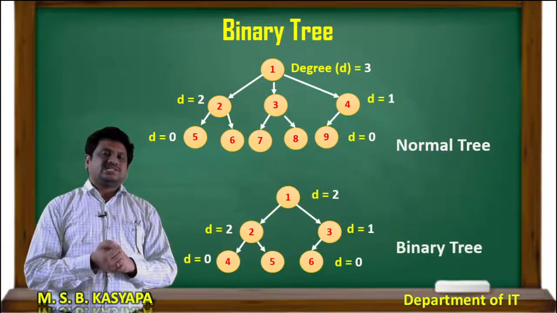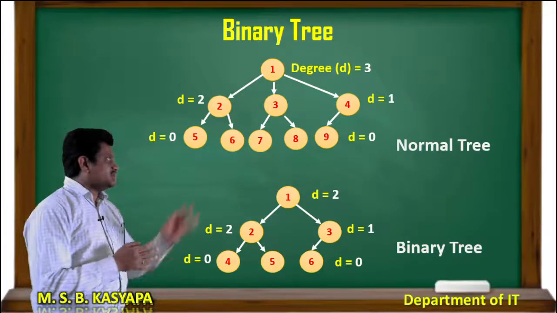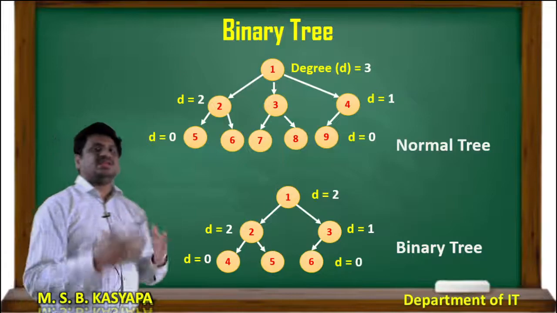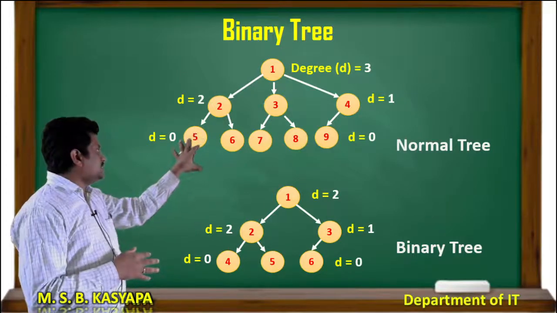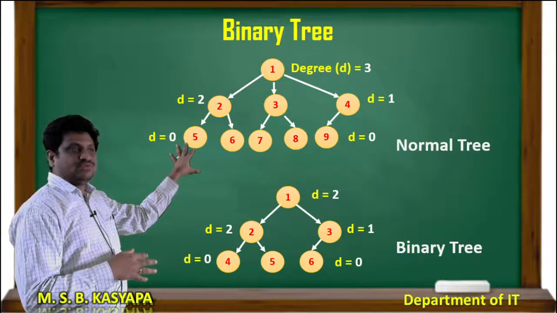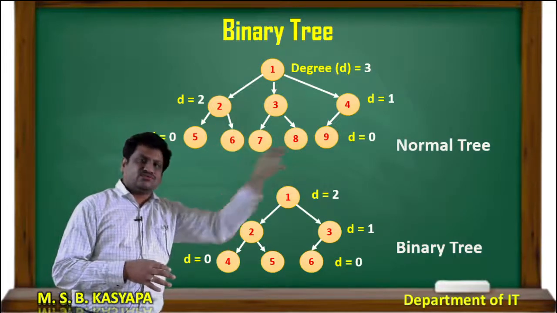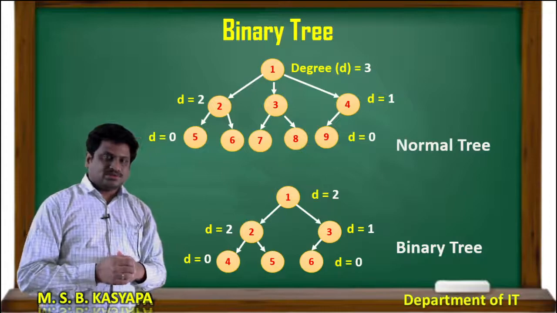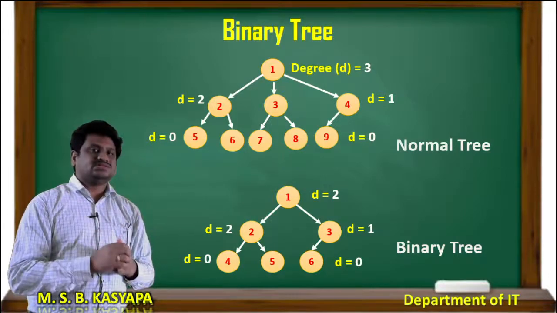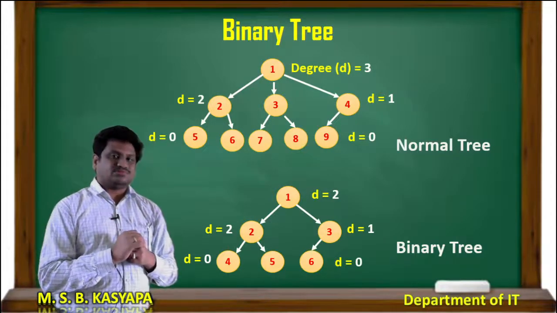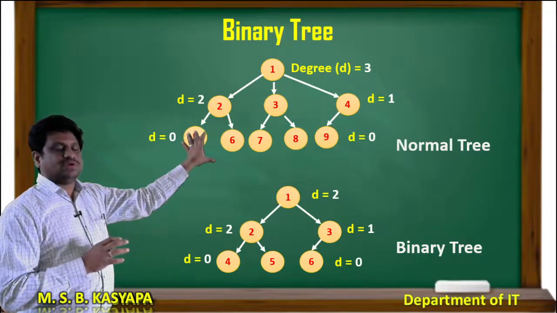Now if you consider this tree, see here, the root node 1 contains 3 subtrees. Here 2, 5, 6 is one subtree, 3, 7, 8 is a subtree, and 4 and 9 is one subtree. So one root element 1 contains 3 children. It is a normal tree, and it is applicable in a normal tree. But if it comes to the binary tree, it is not acceptable.